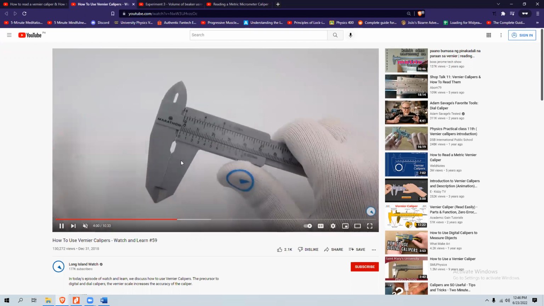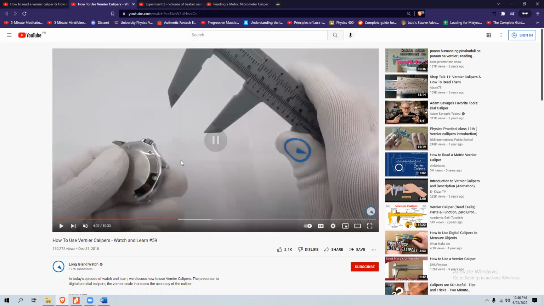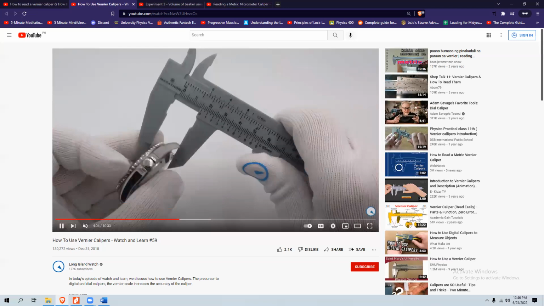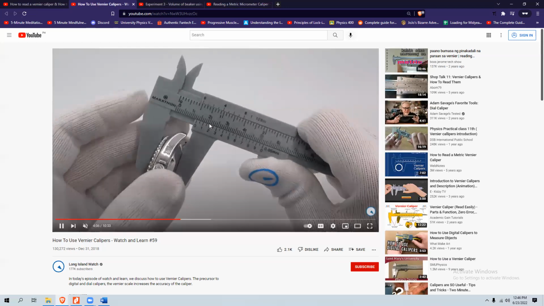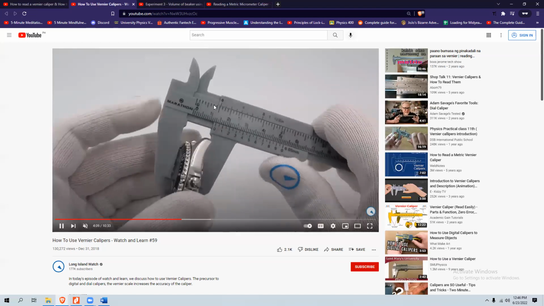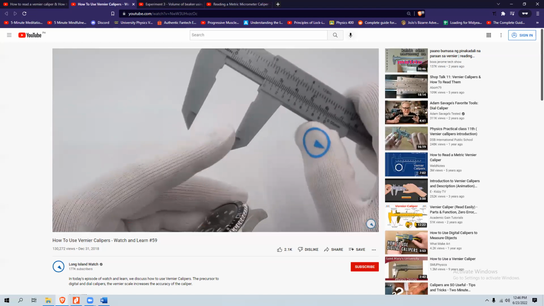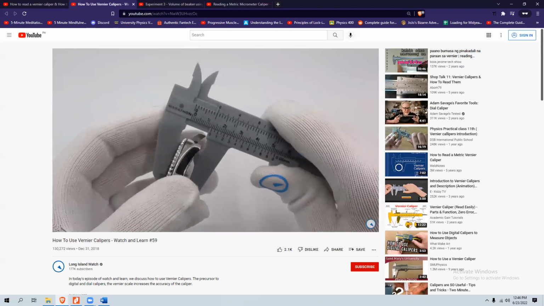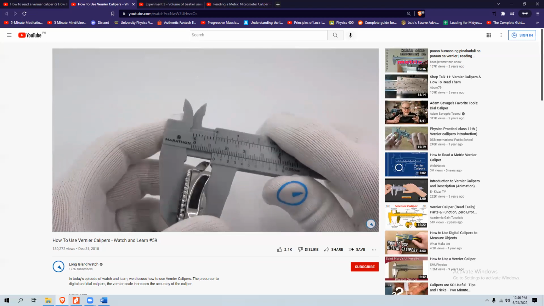Using the clamp, this person in the video is measuring the clock from a watch. You clamp it and see that there are corresponding scales on the Vernier caliper itself. This is where the readings will come from. Using this clamp, you can measure your outer diameter.